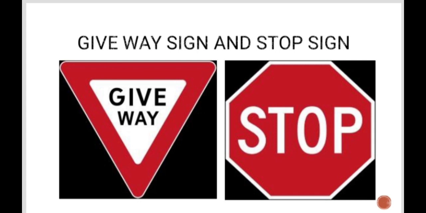Ibig sabihin po, pag nakita po natin yung stop signs, kailangan mong huminto sa stop line at maghintay hanggang makaalis yung mga sasakyang tumatawid at mga pedestrian. Kapag give way signs naman, ay nagpapahiwatig na dapat ay maghanda na tayong huminto upang magbigay karapatan sa ibang sasakyan na makadaan.